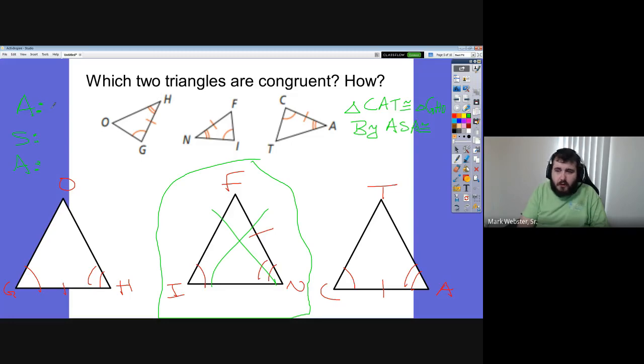So we've got angle C is congruent to angle G. Side pair GH is congruent to side pair CA. And then the other pair of angles, angle A is congruent to angle H. Right?